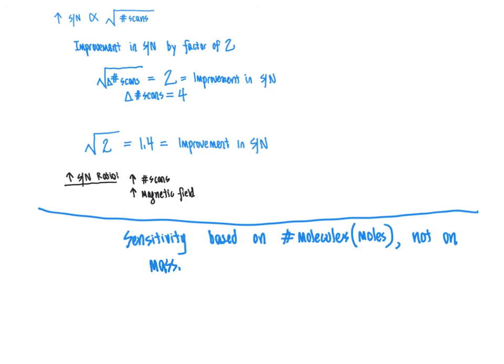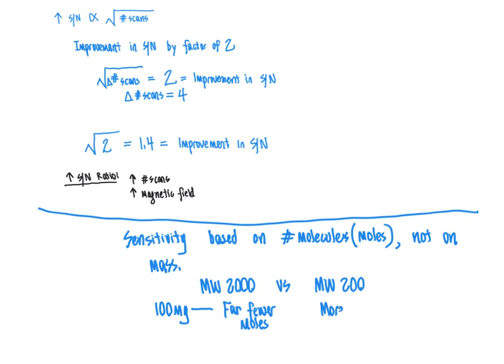So in other words, if you have a compound that has a molecular weight of 2,000 versus a molecular weight of 200, and you had, say, 100 milligrams of each of those compounds, for the compound with a molecular weight of 2,000 there would be far fewer moles than if the compound had a molecular weight of 200.